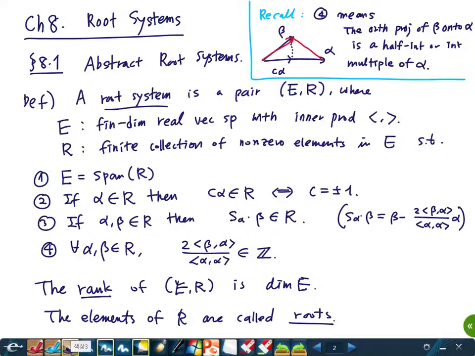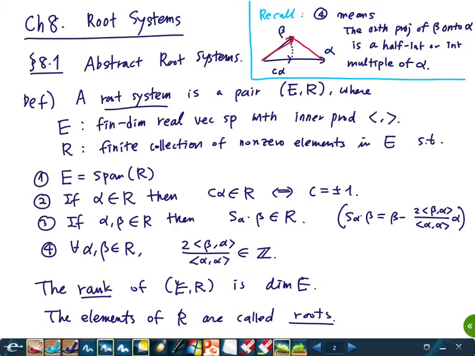Sometimes people consider root systems without some of these conditions. For instance, sometimes people consider root systems without the last condition, and it's called non-crystallographic. When we include 4, it usually means crystallographic. And sometimes people don't consider 2; without 2 it's usually called non-reduced, and if there is 2, it's reduced.